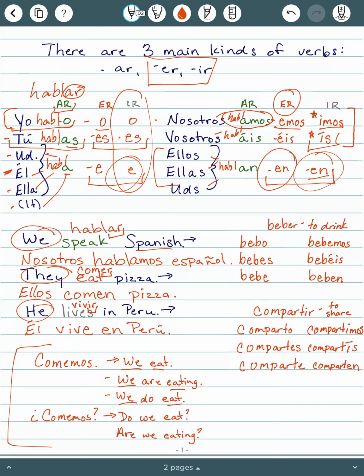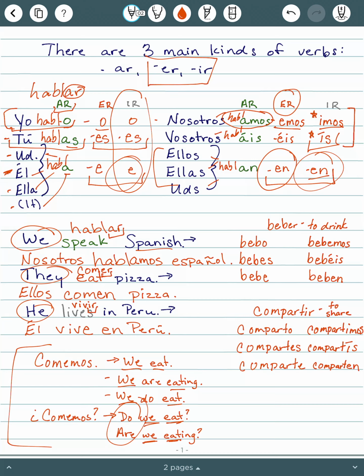A question, comemos? That could be, do we eat or are we eating? Again, they're both us, we, and they are both eating in the present tense. And in these cases, we really needed a helping verb because we eat doesn't really make sense by itself in English. So that is how ER and IR verbs work.